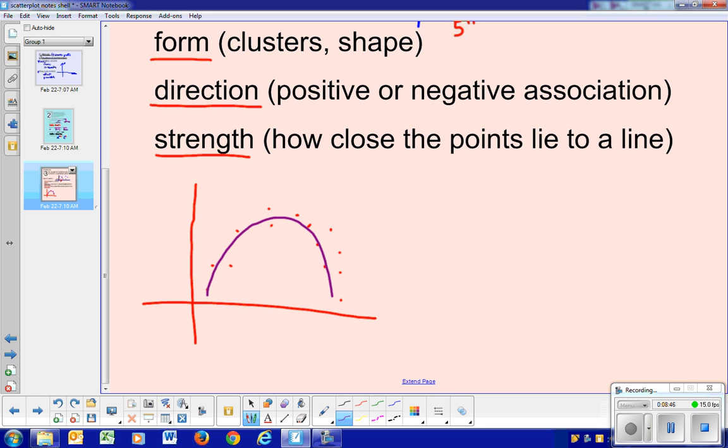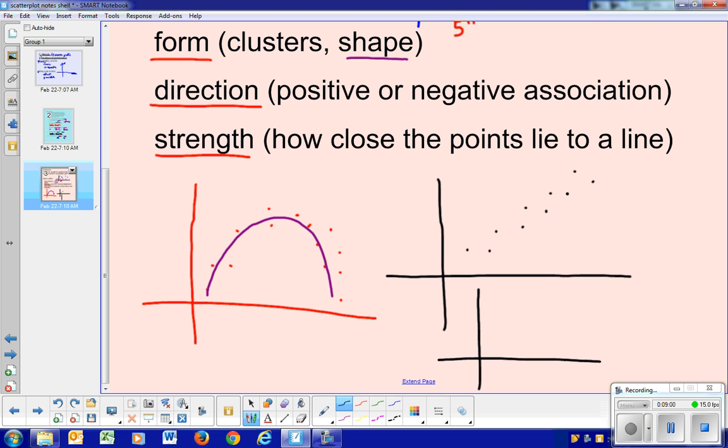So the shape is referred to as form. Direction is a matter of whether the graph tends to go uphill, like this one, or tends to go downhill, like this one. If it goes uphill, we say that there is a positive association. Whereas if it goes downhill like this, then we say that there is a negative association.